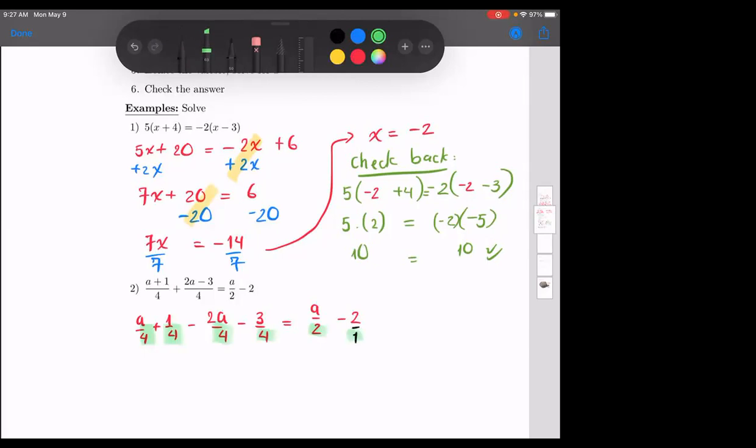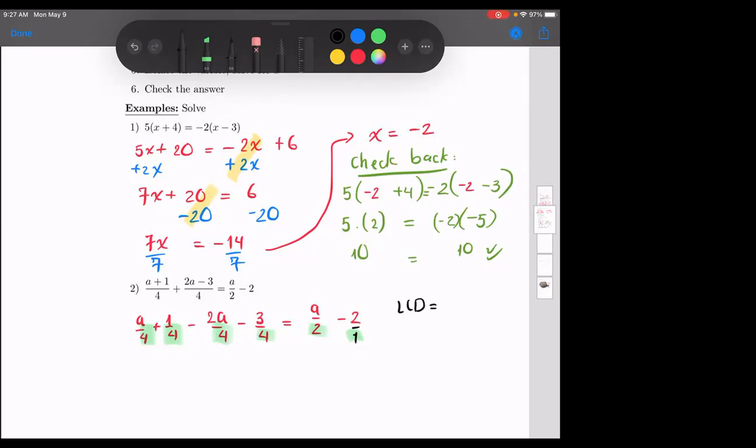So what's my LCD here? What is the smallest number that can divide into all of them? Well, when I say smallest, I know the word least is kind of misunderstood. It's kind of counterintuitive, but it's not.